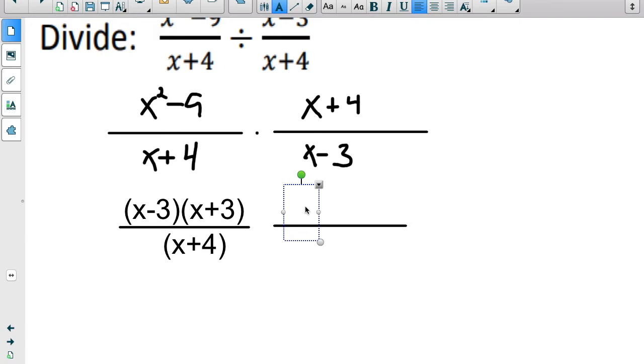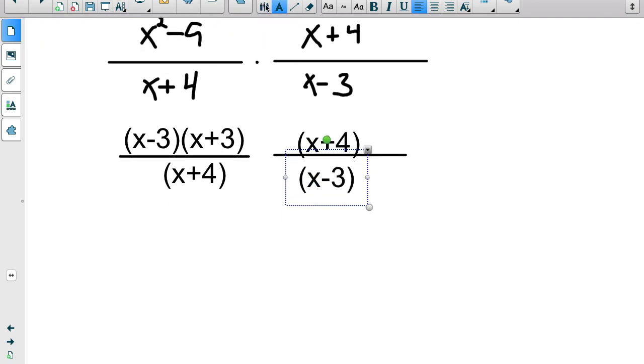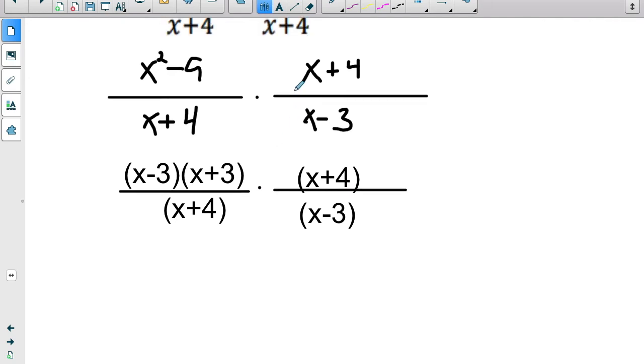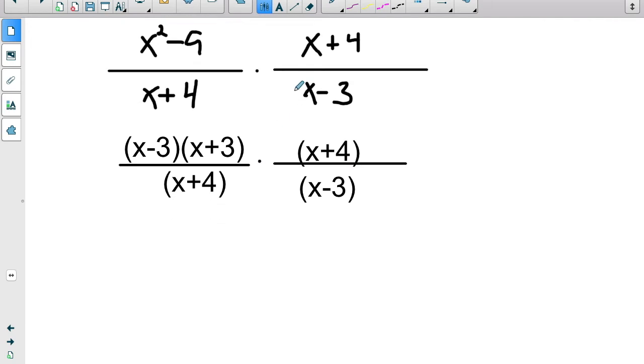On top here, we would have x plus 4. And on bottom, we're going to have x minus 3. These are being multiplied together, so we can go on and multiply them, or we can simplify. Either way, it works the exact same.